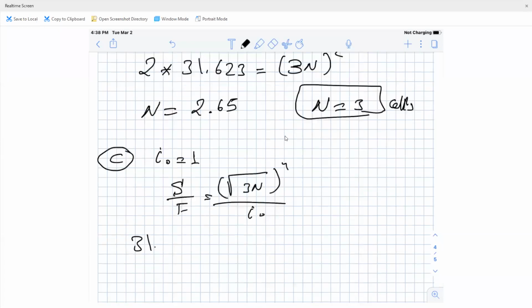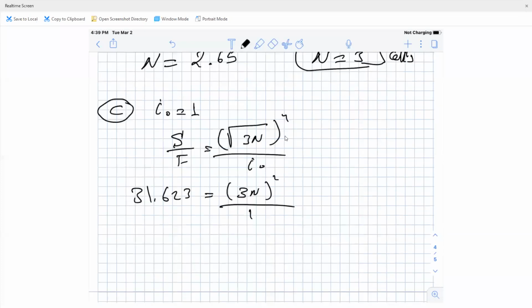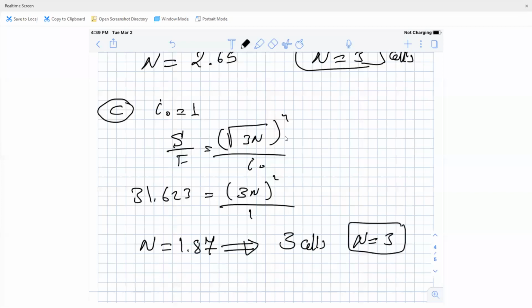And this will be 31.623 equals (3N) all squared divided by 1. This time, again, solving for capital N will be about 1.87. Again, this will be approximated to 3 cells, I mean N capital equals 3.